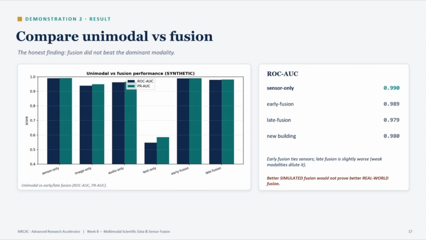But if we have the choice between early fusion and late fusion, this bar chart clearly shows that early fusion is much better than late fusion. So we report exactly how it happened.